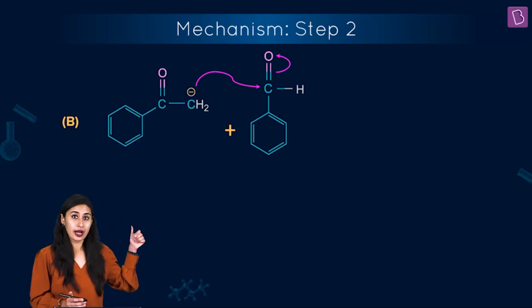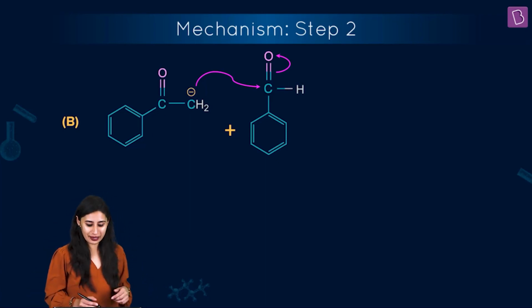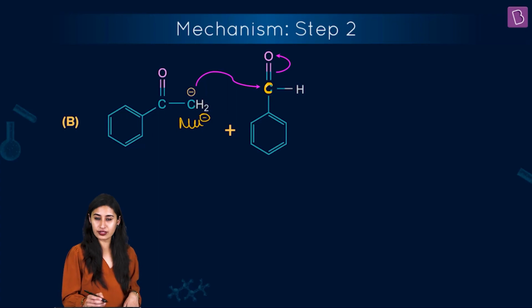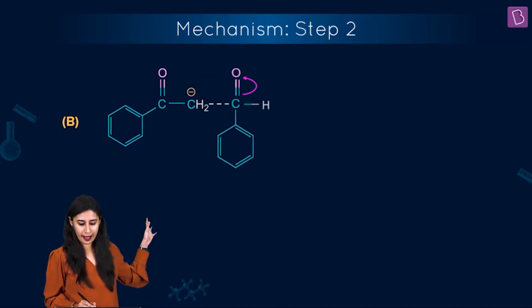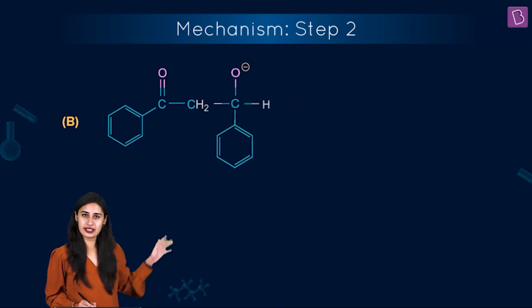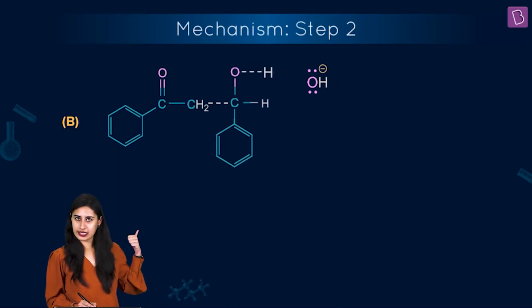So that's why the major compound will be coming from here. Take a look, what's going on? Again, the nucleophile is ready for the attack. This electrophilic carbon is also ready for the attack to happen on it. This is what happens. Finally, what you get is O minus. O minus takes the H plus so that you get a beta hydroxy carbonyl compound like this.